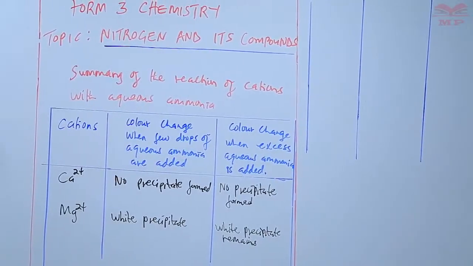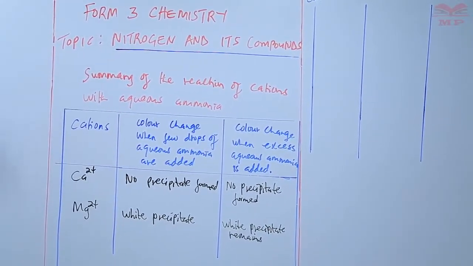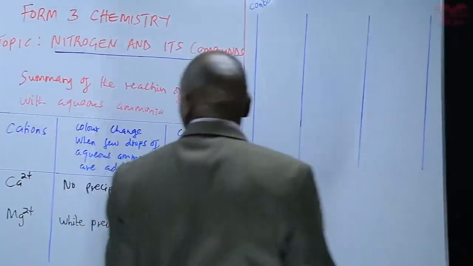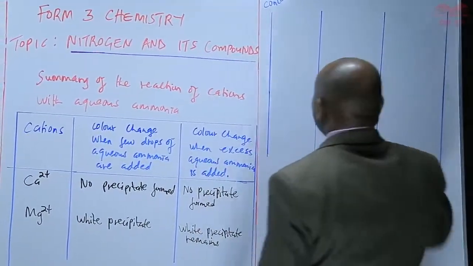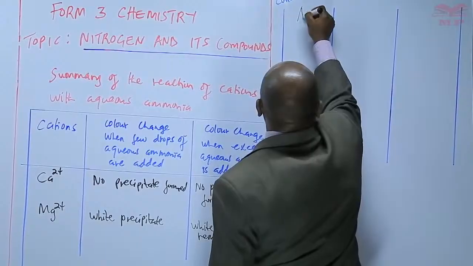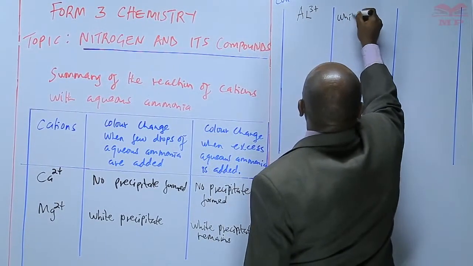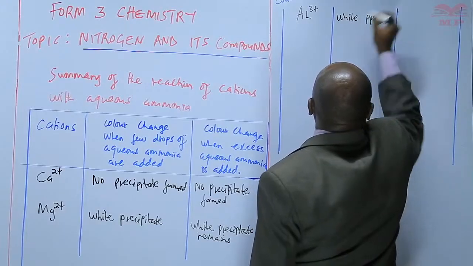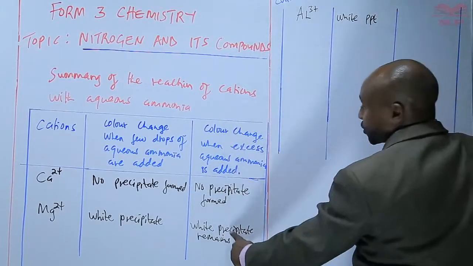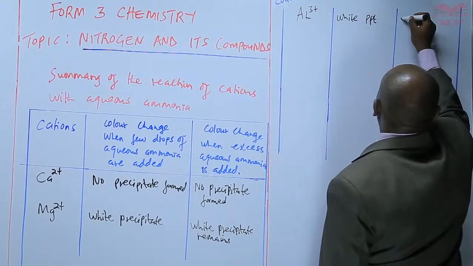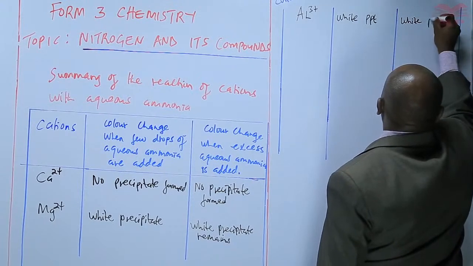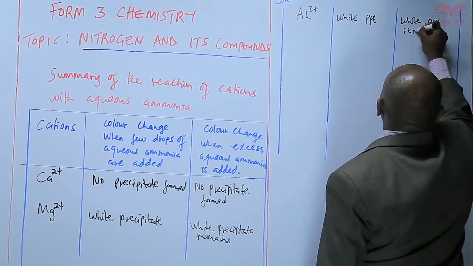We continue further from magnesium ions and go to aluminium ions. They also form a white precipitate, and on the addition of excess ammonia, the white precipitate remains.